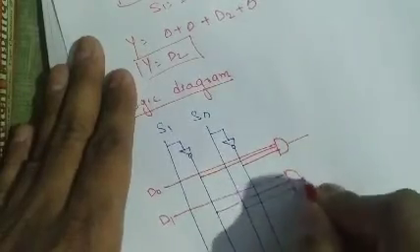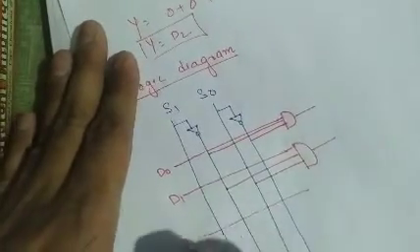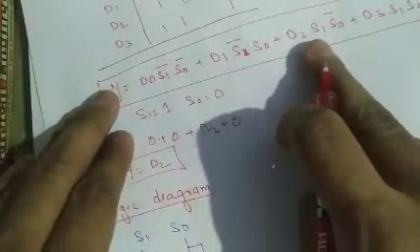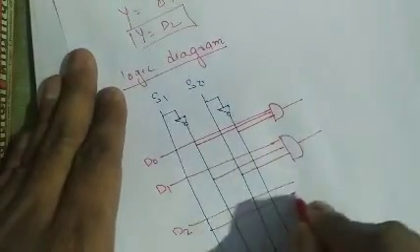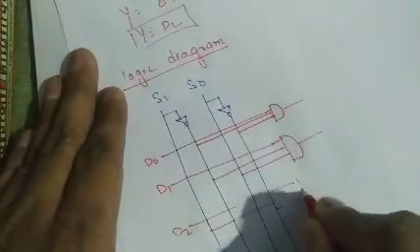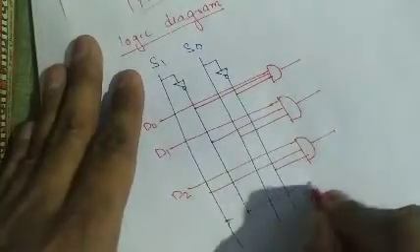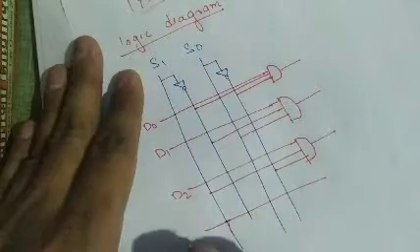Here same as D2, S1 and S0 bar. Here S1, here S0 bar. I have connected using an AND gate. Again D3. What is D3?